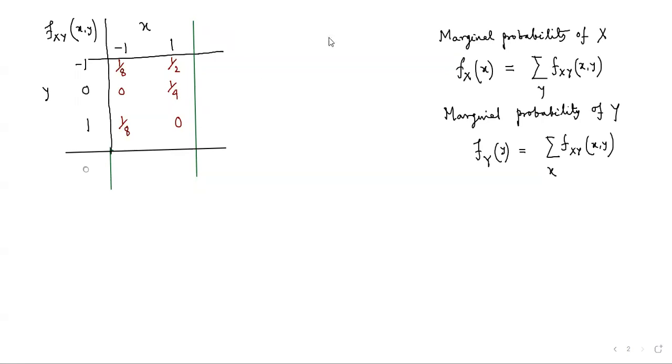So I will construct the marginal probabilities now with respect to the given formula. So here I am going to write f of x, and here I am going to write f of y.